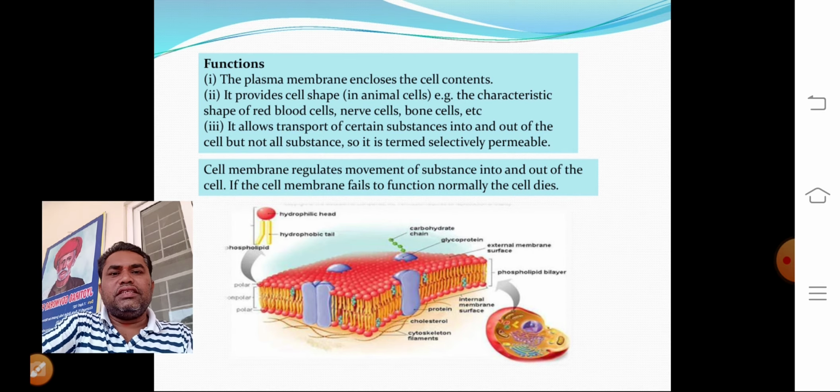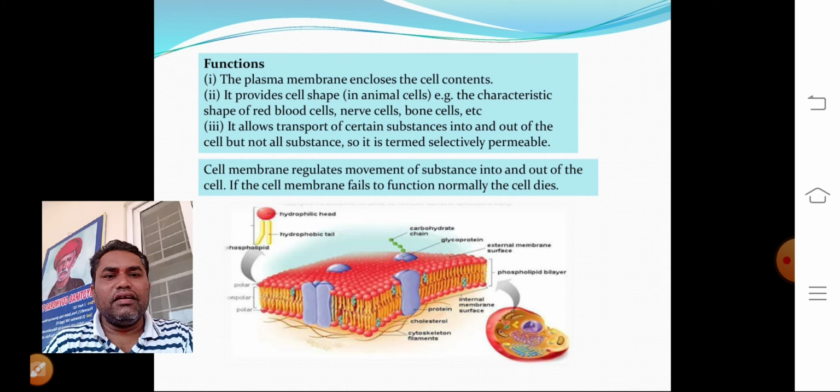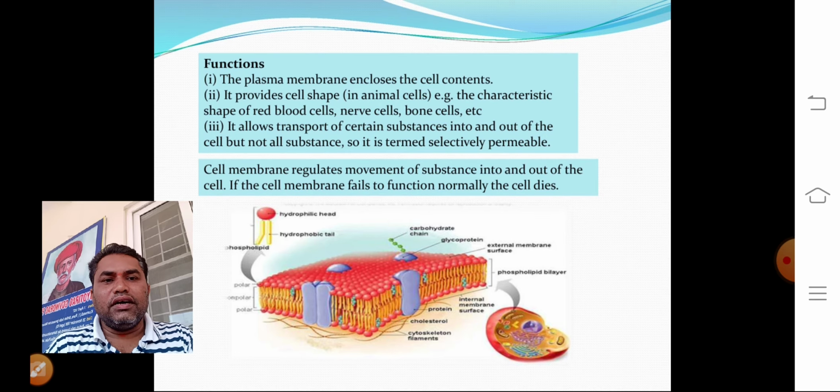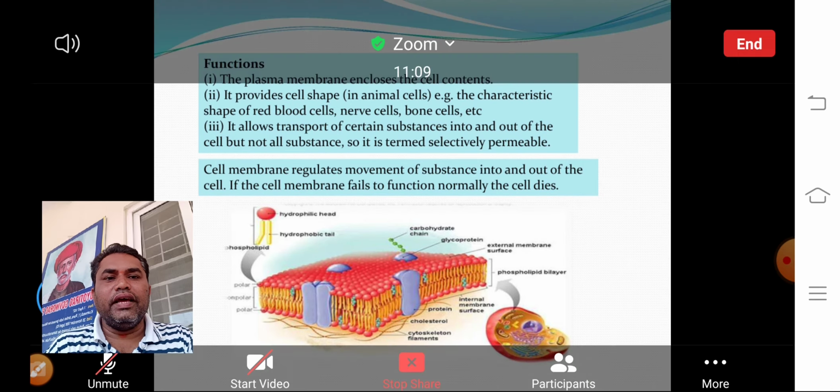Here you can see the picture. The lipid layers are the bilipid layer, arranged in red and yellow color. Now you can see the blue colored parts in the plasma membrane bilipid layer. These are called proteins.